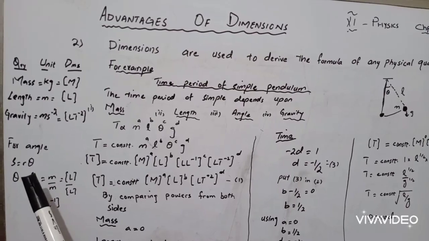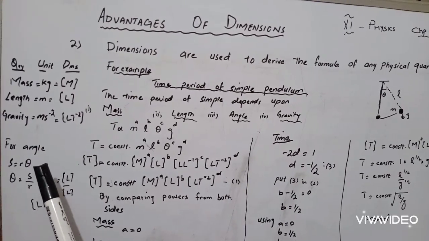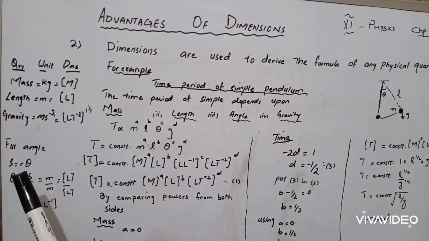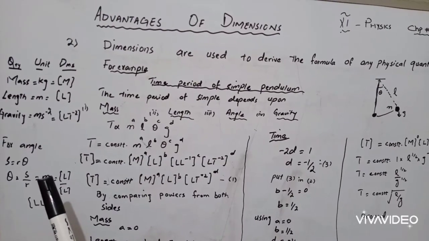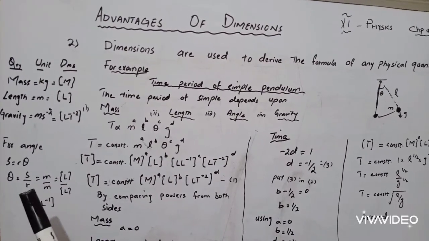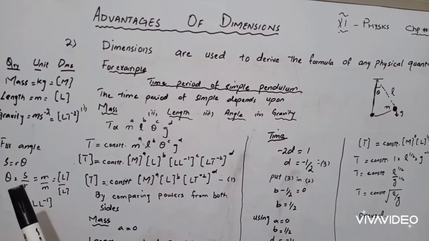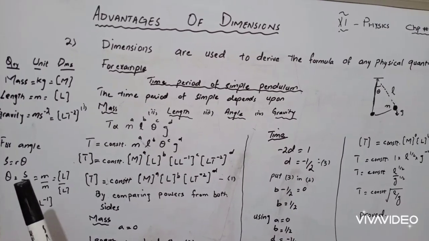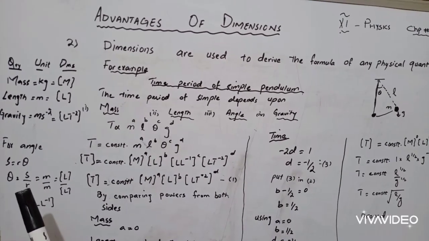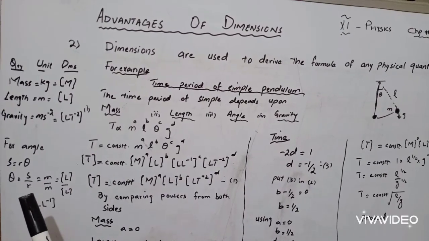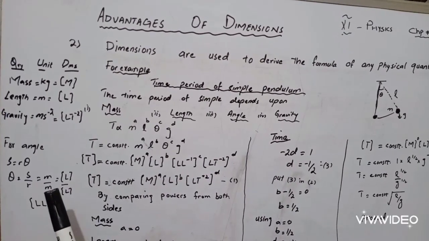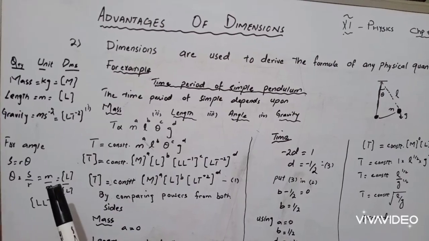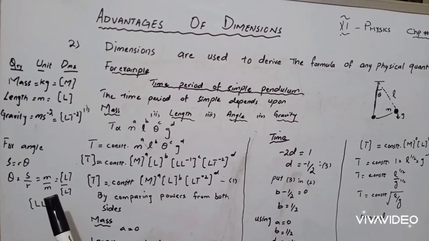For angle we have a relation s is equal to r theta. You can learn this relation in detail in chapter number 5, that is the circular motion. Now theta is the angle, we have to find its dimension. So by taking these variables on the other side, distance and the radius, distance has a unit meter and the radius also has unit meter.